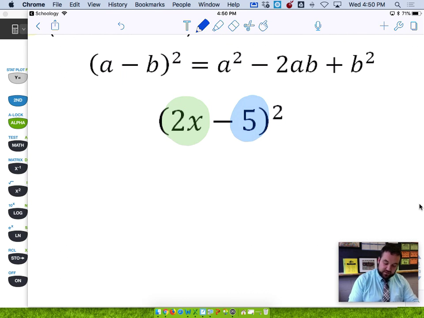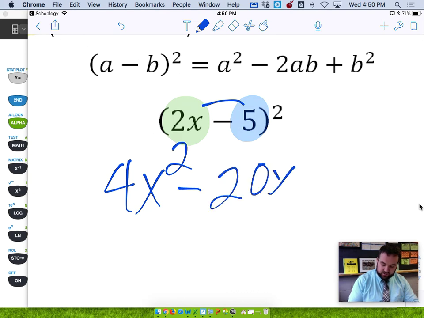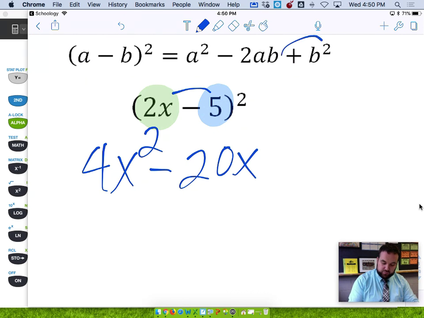So if I do a squared, meaning I'm going to take that 2x and square it, 2x times itself would give me 4x to the second power. The next step is I'm going to multiply those two together and double it. 2x times 5 would be 10x. If I then double that, it would be minus 20x. And then finally, the last thing I need to do is b to the second power. Well, that's 5 squared, and that's 25.